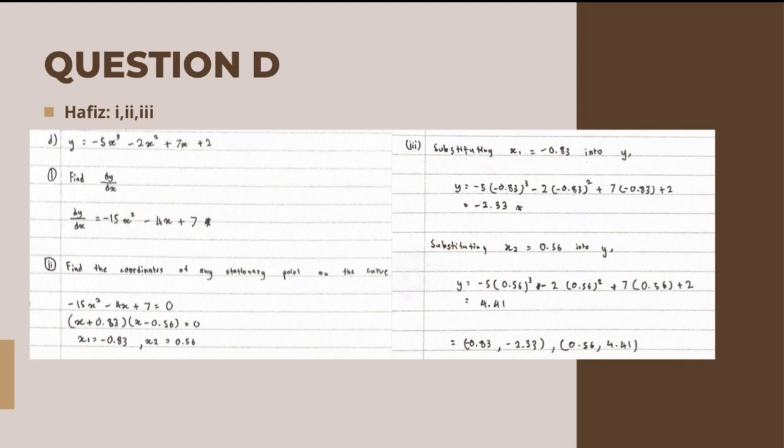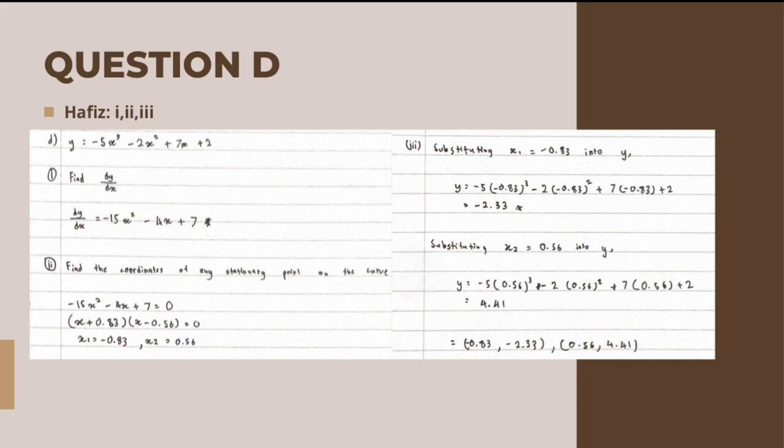0.56. To find how many stationary points are on the graph, we substitute x into y. First, x1 equals negative 0.83 into y. So put x1 into the equation and you will get negative 2.33.